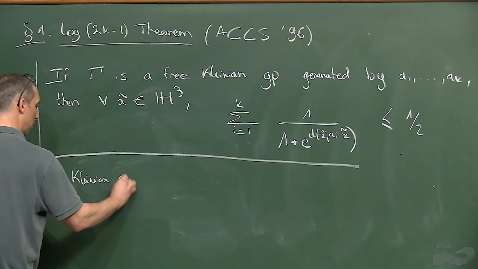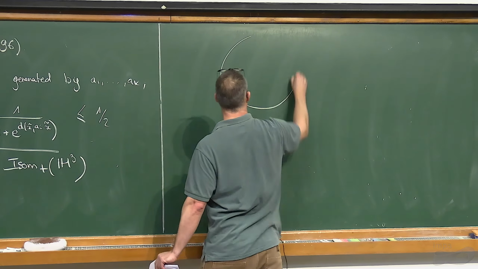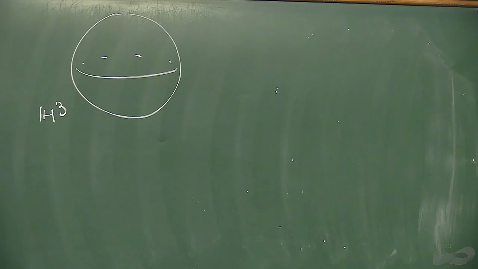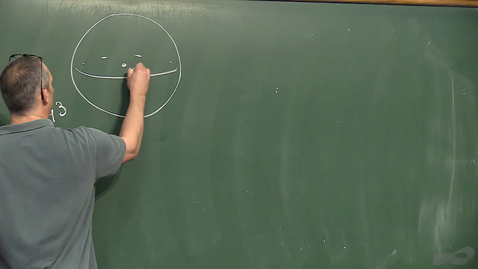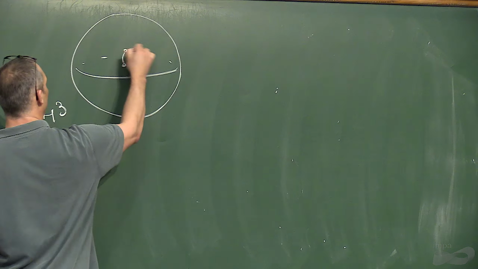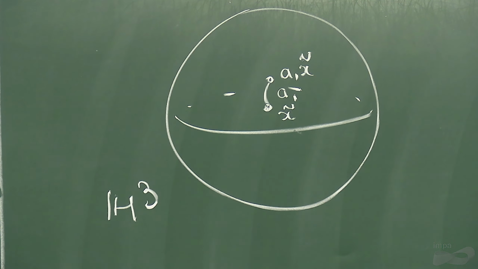So you have the hyperbolic space, H3, represented by a three-dimensional ball. And then you have some point in it. Then a1 acts on this point and creates a displacement, which is a1 x tilde. And then you measure the distance with respect to the hyperbolic metric. And you have this strange relation.